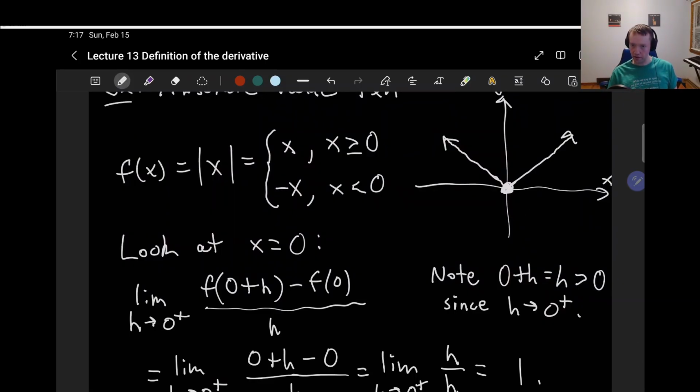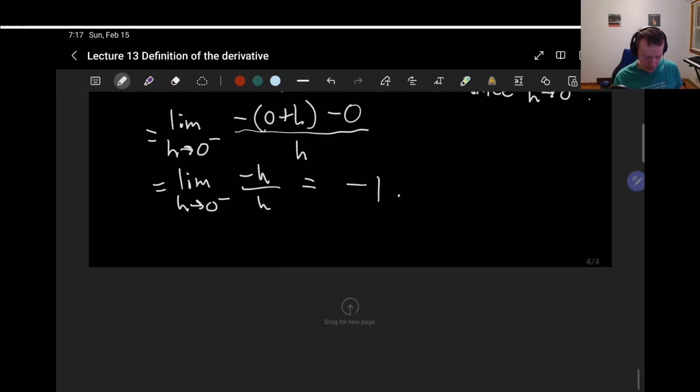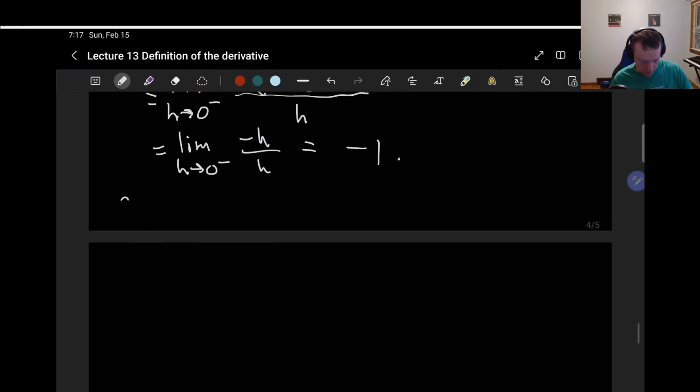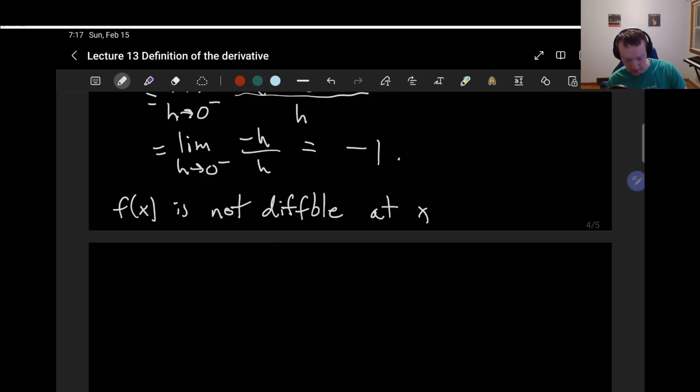This means the derivative does not exist at this point. Or in other words, f of x is not differentiable at x equals 0, because we have that disagreement with the one-sided limits.